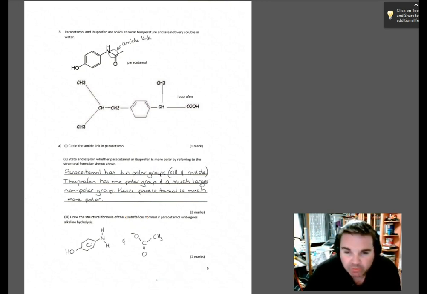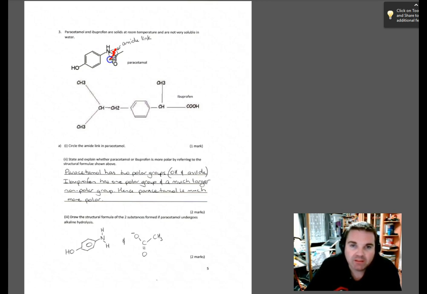Draw the structural formula of the 2 substances formed if paracetamol undergoes alkaline hydrolysis. The only functional groups that undergo alkaline hydrolysis that we're looking at are esters and amides. So you want to look for where your amide link is, which is this one here.